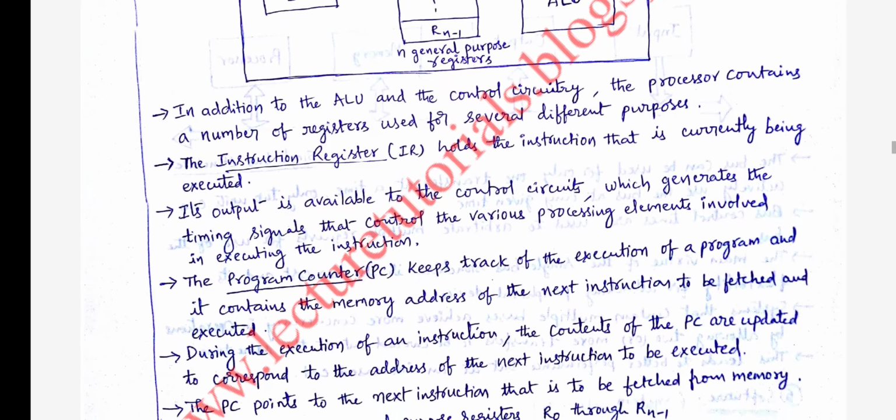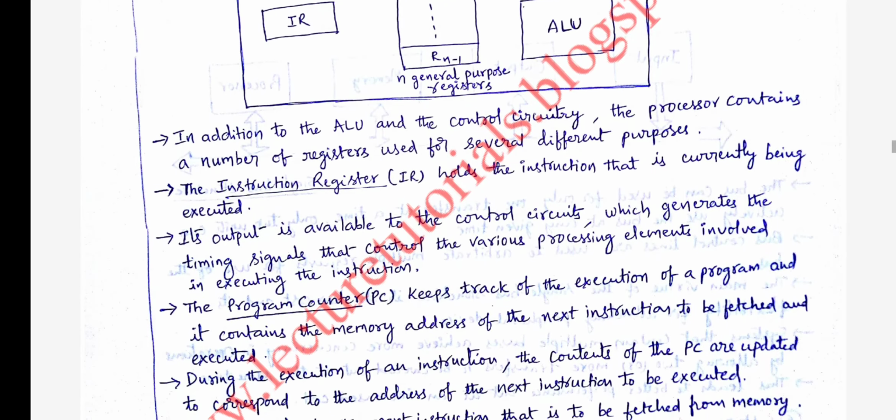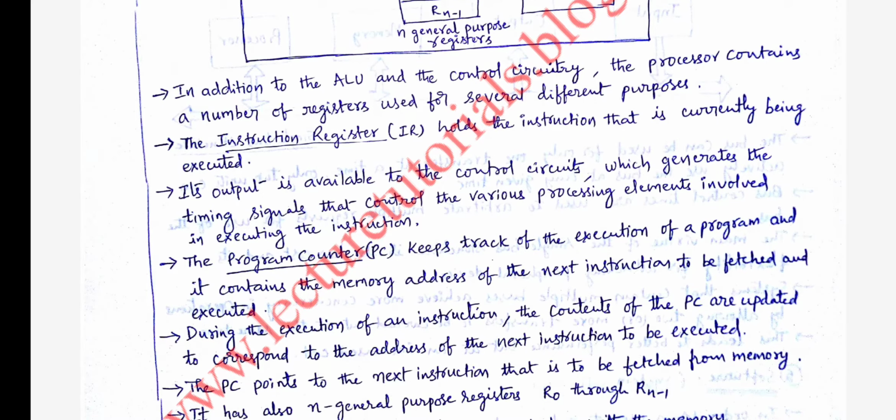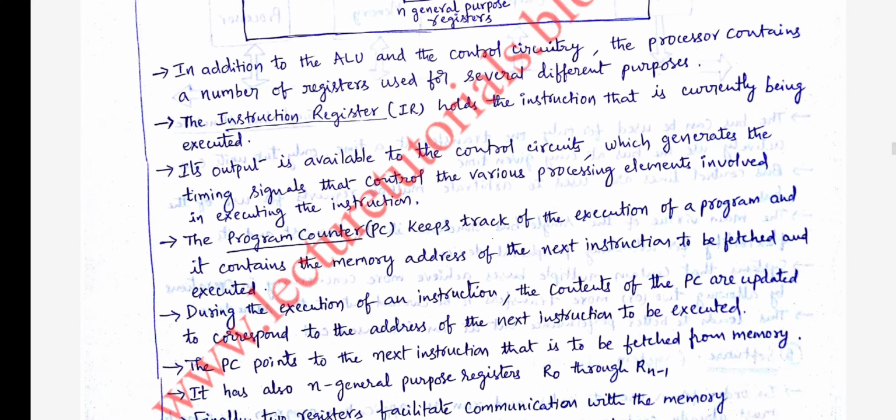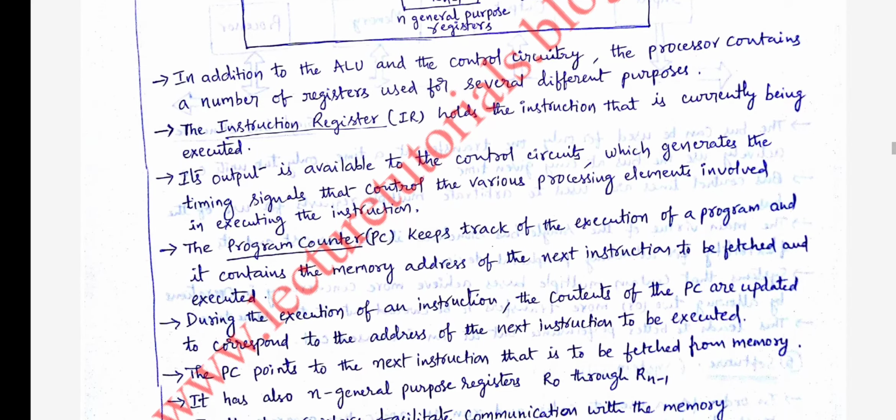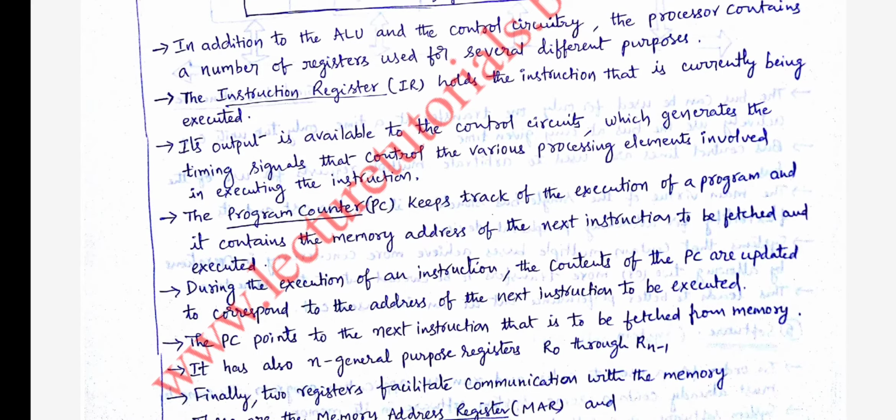First one, the instruction register IR, holds the instruction that is currently being executed. Its output is available to the control unit, which generates the timing signals that control the various processing elements involved in executing this instruction.